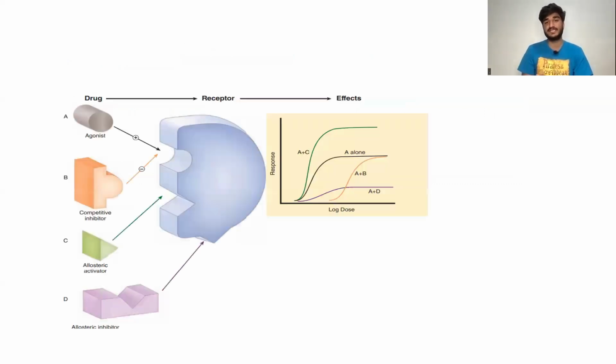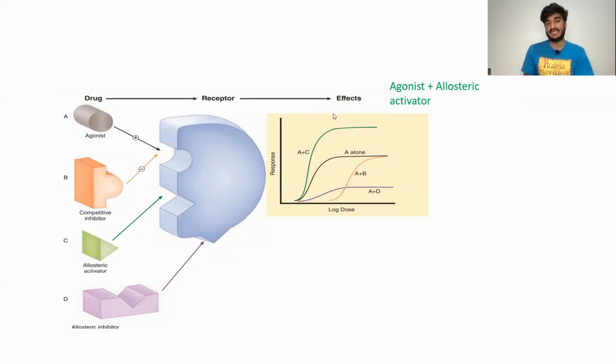And in this diagram, you see different types of receptor binding. The agonists are bound to the active site, and you see the competitive inhibitor that is inhibiting at the active site, and the allosteric activator that is acting as an agonist but is sitting in another place other than the active site, and the allosteric inhibitor that is inhibiting the activity of the enzymes or other regulatory proteins other than at the active site.